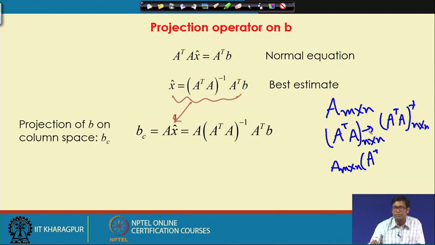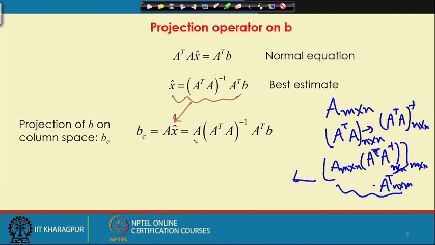So A transpose A becomes a square matrix. A is m into n, then (A transpose A) inverse is n into n, and we multiply this with A transpose, which is n into m. Finally, this entire matrix becomes a projection matrix of order m into n, n into n, n into m, so m into m.